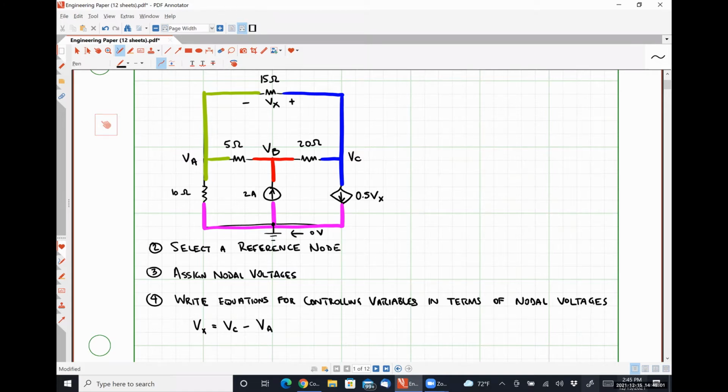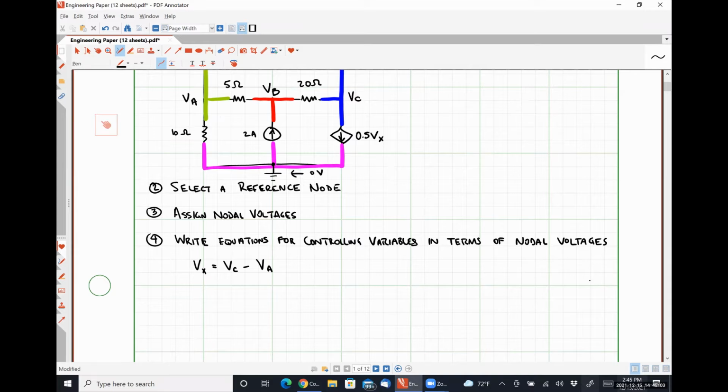Our next step is to write KCL equations at all non-reference nodes.